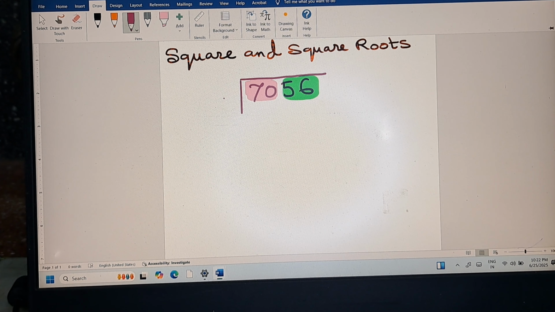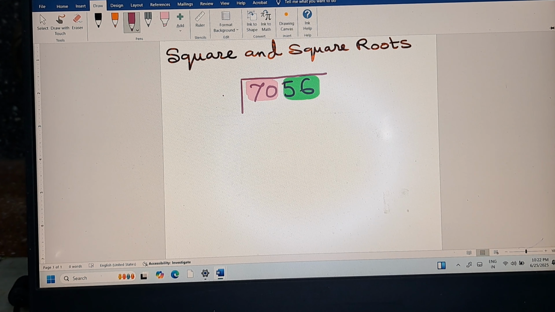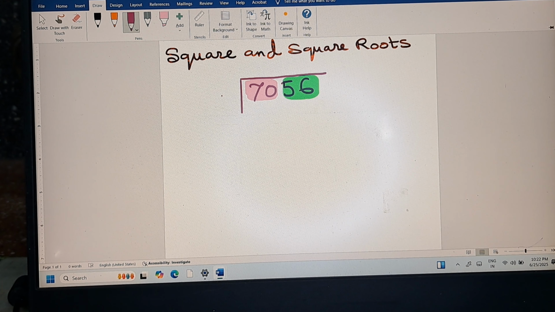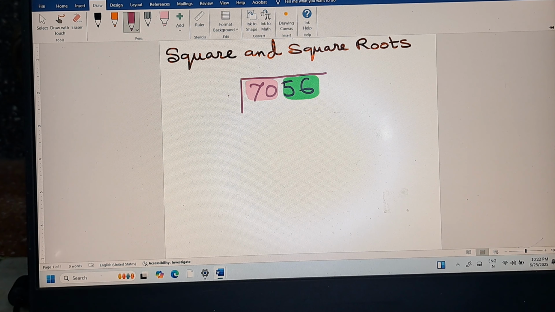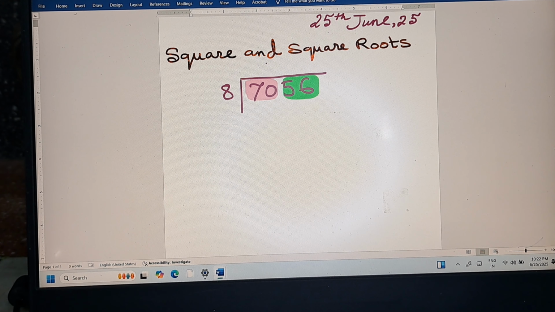It's like 4 into 4 is 16, 5 into 5 is 25, 6 into 6 is 36, 7 into 7 is 49, 8 into 8 is 64, and 9 into 9 is 81. So 81 we cannot put because over here it is 70. So we have to go with 8 into 8, that is 64.